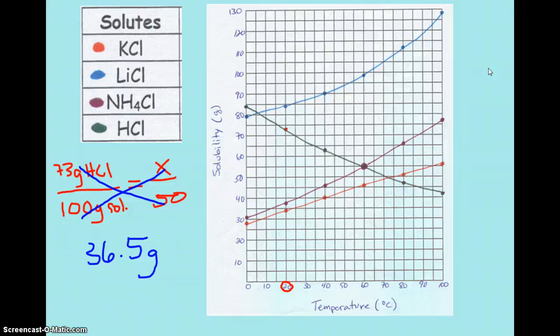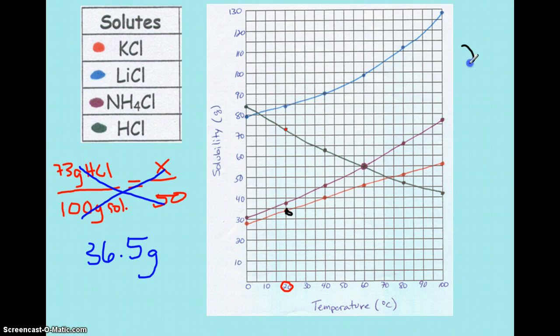Question 7b says, I want to make 250 grams of solution of KCl at 20 degrees. Okay, KCl is my red line. I'm at 20, and so boom, right there. So that's like 29 grams.